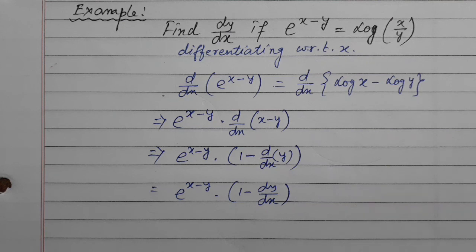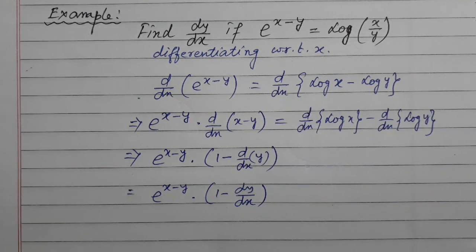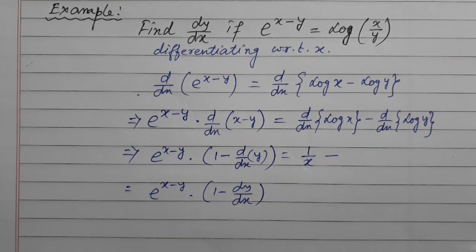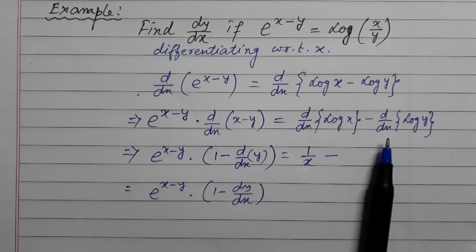Now let us go to the right hand side of this relation. First we have distributed the differentiation over the subtraction. Then we all know that the differentiation of log x with respect to x is 1 by x. So we will write simply 1 by x minus the differentiation of log y with respect to x.